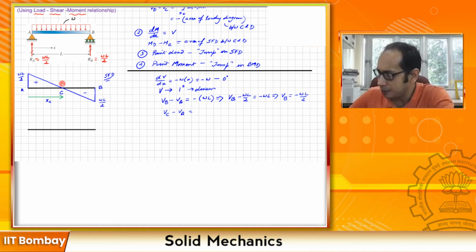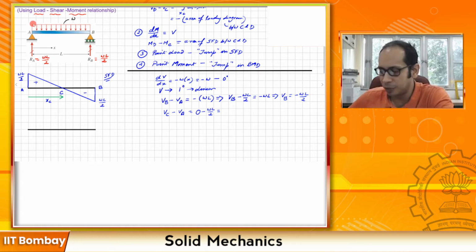So VC minus VA: what is the value of the shear at C? It is 0. So this is 0 minus the value of the shear at A, which is WL over 2, and that will be equal to the area of the loading diagram between C and A. So what is that going to be? It is going to be W times XC, right?